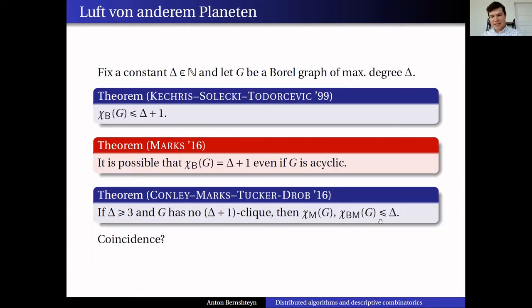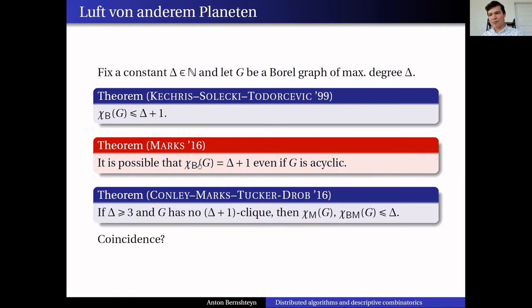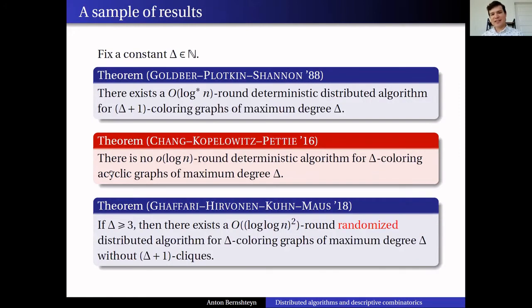So it implies these measurable and then Baire measurable bounds over here. And conversely, the theorem of Marks for acyclic graphs implies the lower bound in this setting, right? Since we know that this graph doesn't have a Borel delta coloring, this means that there cannot be a deterministic algorithm for delta coloring that would work on acyclic graphs of maximum degree delta.